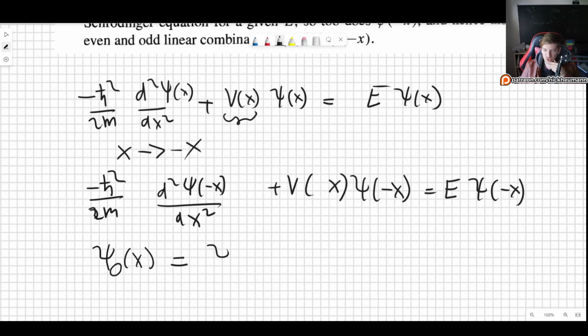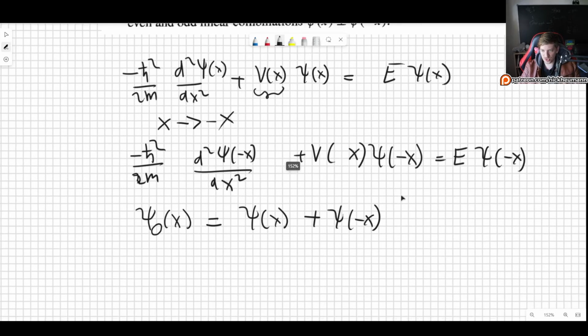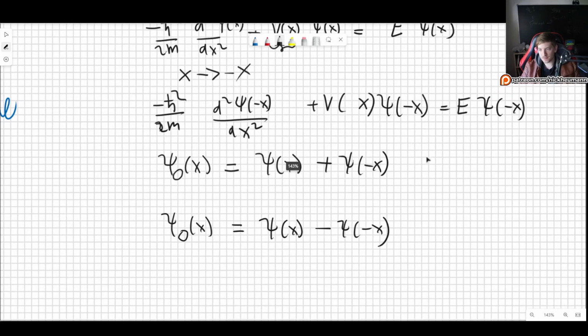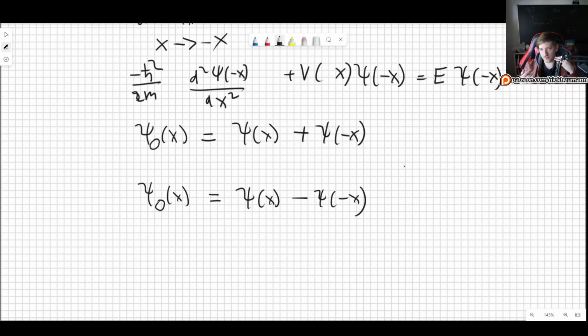So let's say this is psi of x plus psi of minus x. Both of them are solutions, so adding them together also gives us a solution. And I'm going to have another solution here that also has a pending name, and I will call it psi of x minus psi of minus x. Okay, so I know that both of them are also valid solutions.